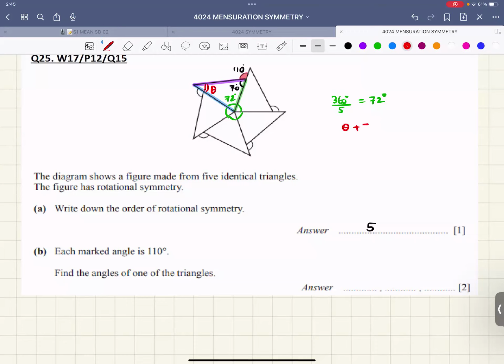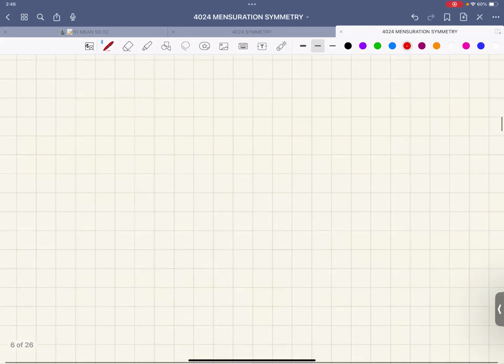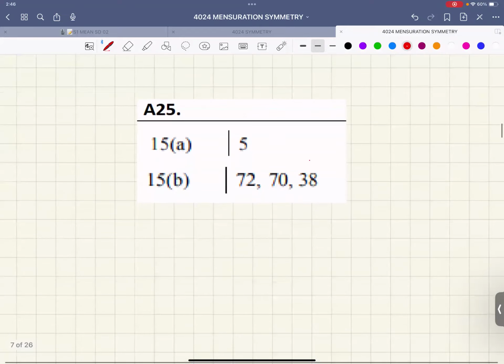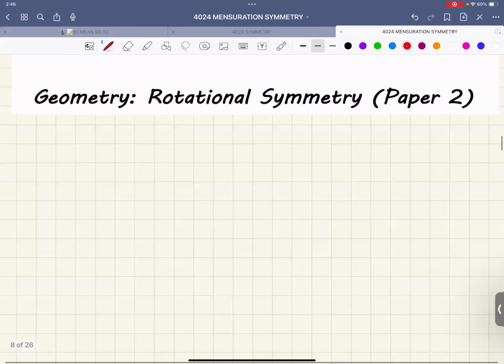So theta plus 70 plus 72 equals 180. Theta plus 142 degrees is 180. Therefore, theta is 38 degrees. So there is 38, there is 72, there is 70. These are the answers, and that's the order of rotational symmetry.